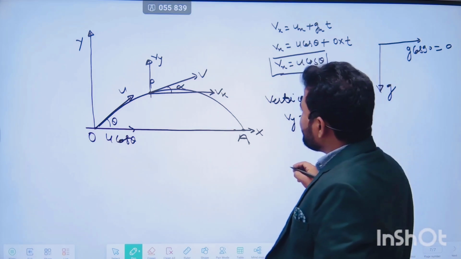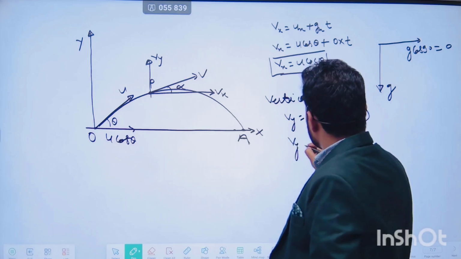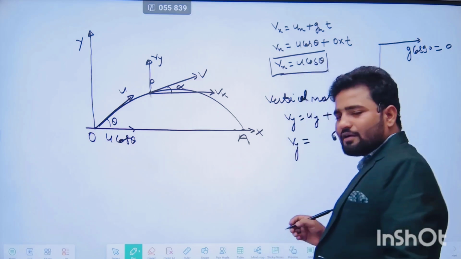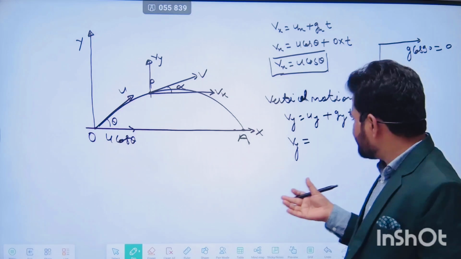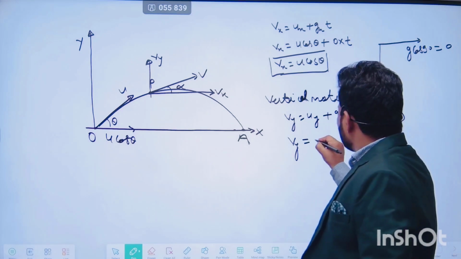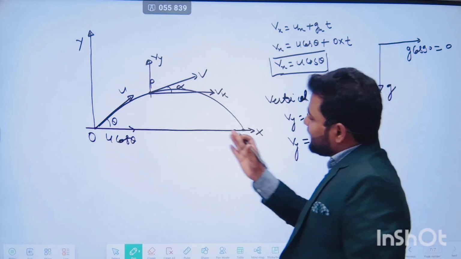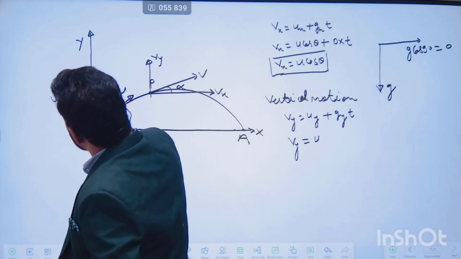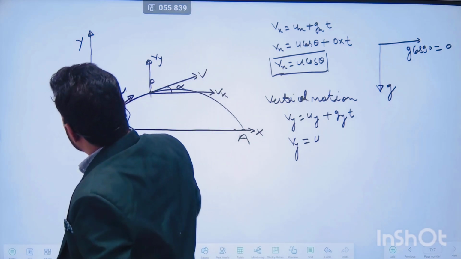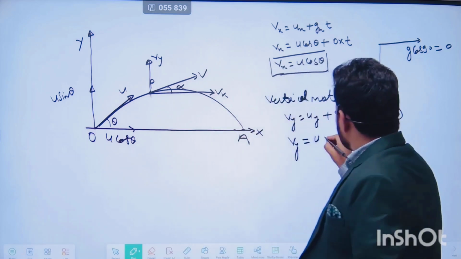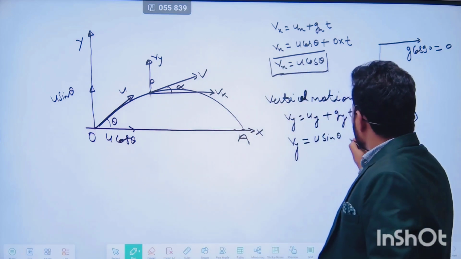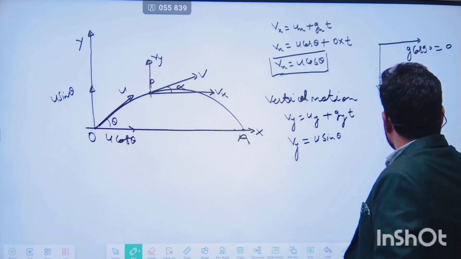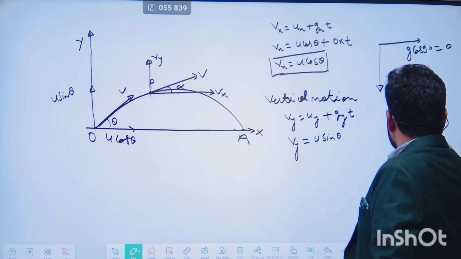Vy is the vertical component of velocity at any general position. Here Uy is the vertical component of initial velocity in the y direction, that is u sine theta. So from here we can write u sine theta, and always consider that the upward direction is positive and the downward direction is negative.